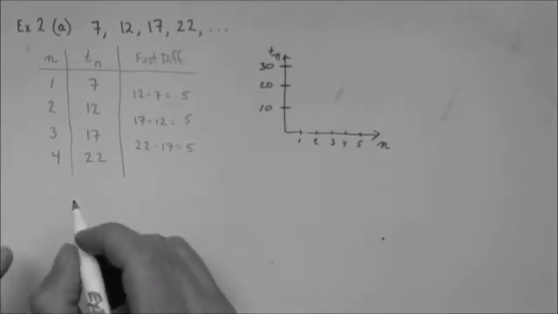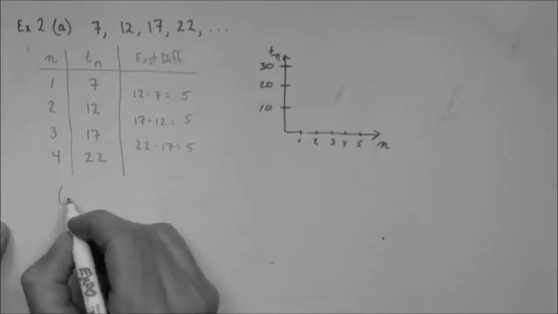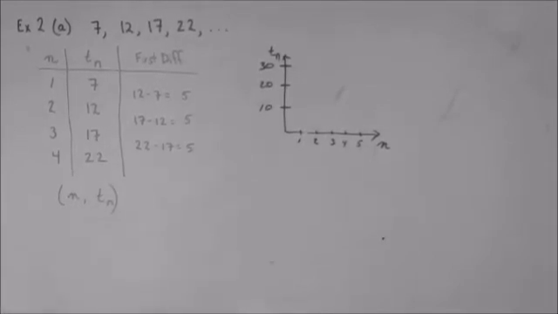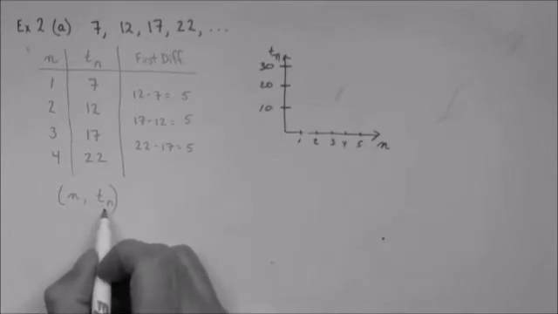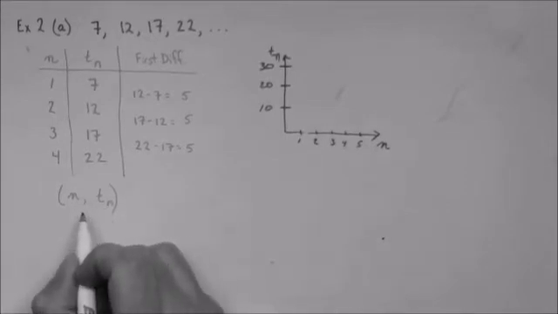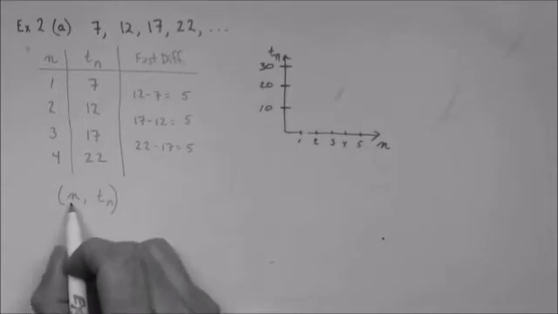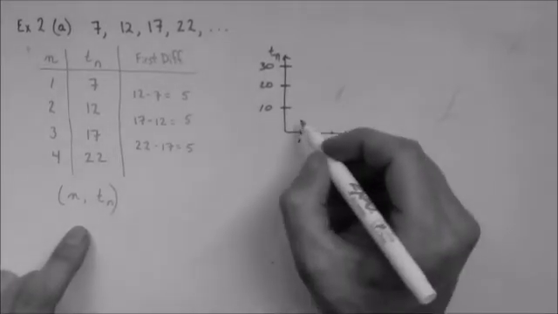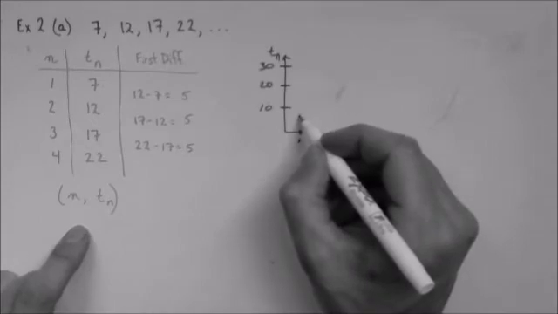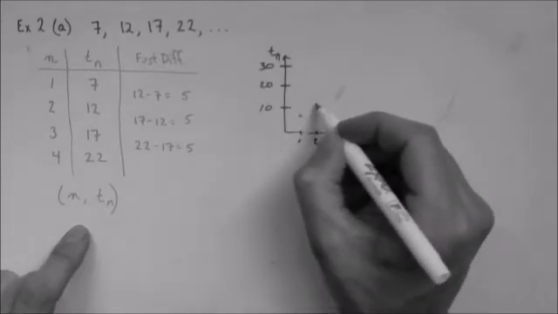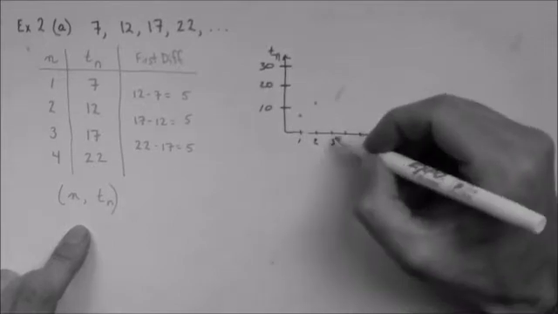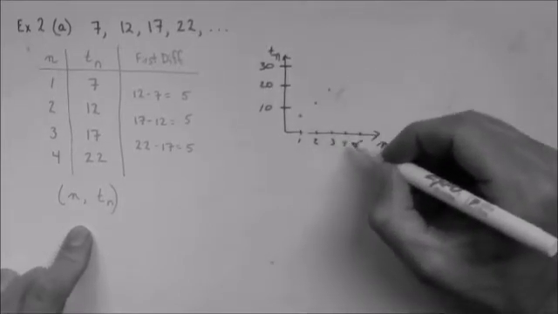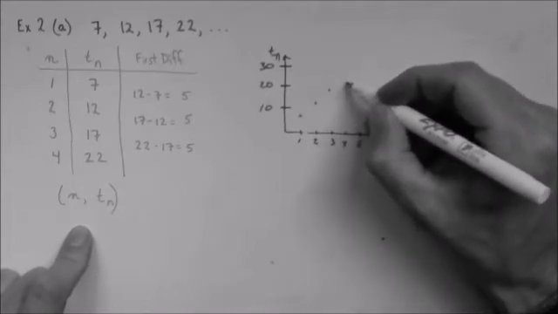The coordinates that we're looking at are n, t sub n, okay? The term number and its term, or the value from the domain that maps to the specific value in the range. So here we have 1, 7, 2, 12, 3, 17, 4, 22.